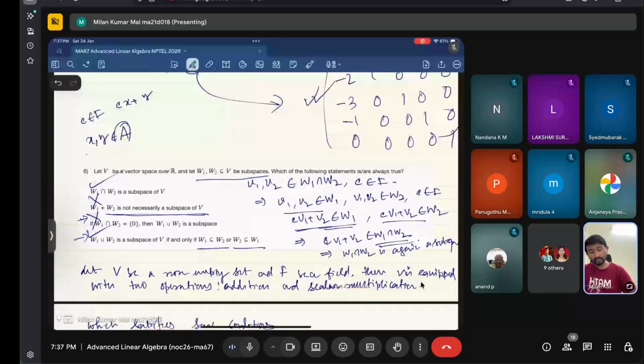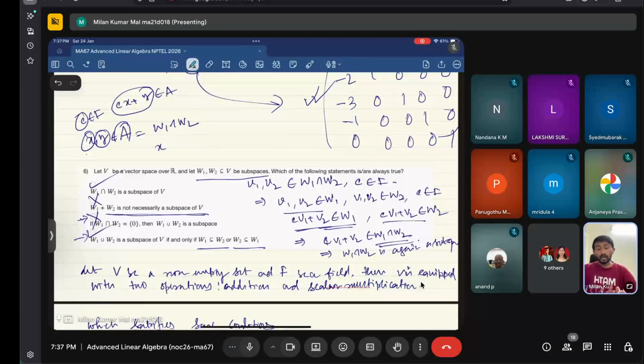Now here A is actually W1 intersection W2. We should not take other terms. Why am I saying we should not take other terms? Your target terms are fixed. x, y, c are arbitrarily taken, but right now they are fixed. So you just have to show, this is your target: cx plus y is in A. Now x and y are in W1 intersection W2.